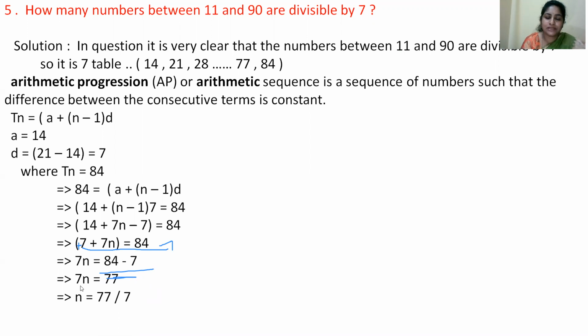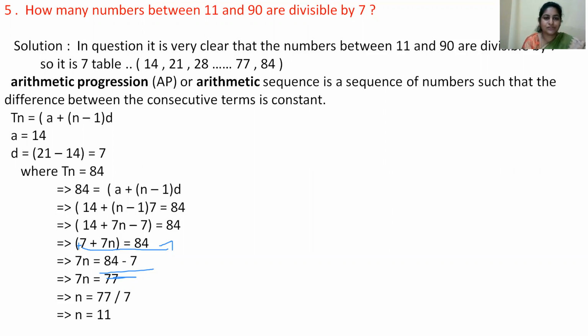Whenever we have a multiplication symbol and it comes to the other side, it becomes division. 7 elevens are 77, so n is 11. So we have 11 numbers between 11 and 90 which are divisible by 7.